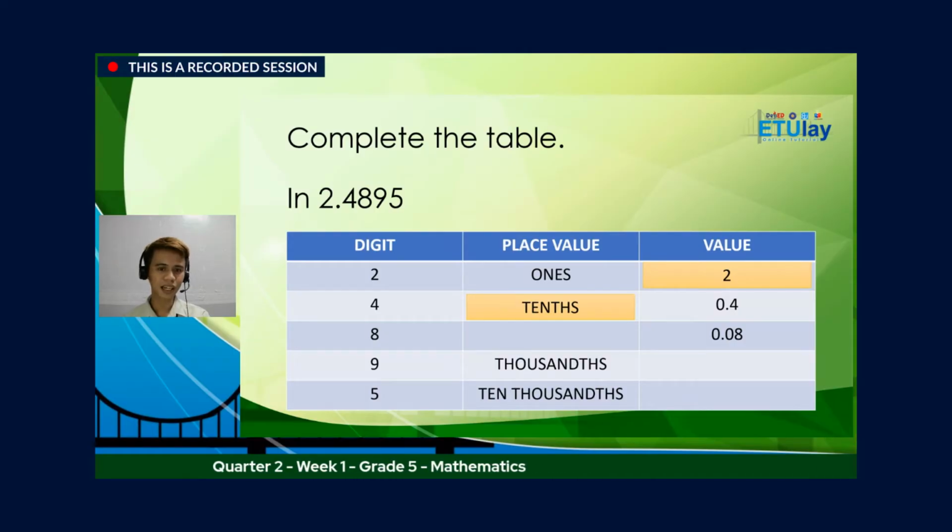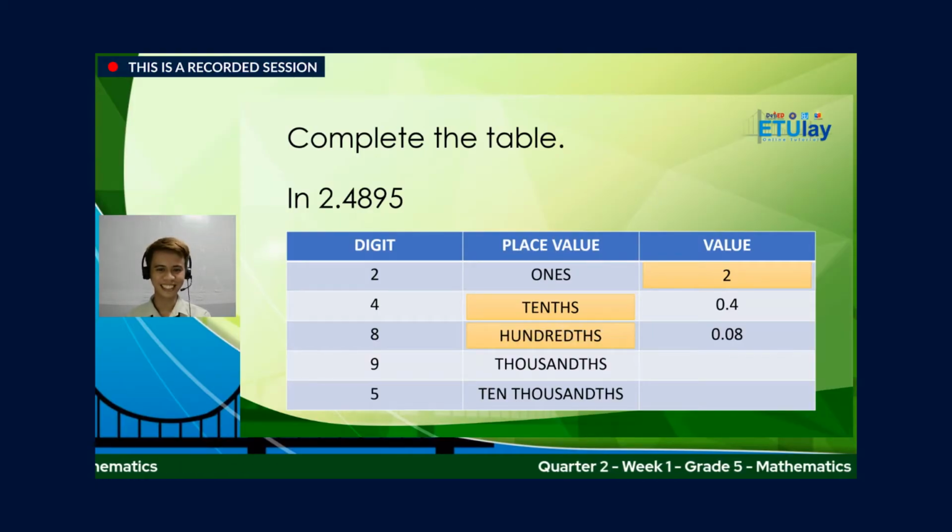At given na dito ang kanyang value na 0.08 or 8 hundredths. Ano kaya ang place value niya? Hundredths. Galing! Number 9 naman or yung digit 9 naman, ano kaya ang value niya kung ito ay nasa thousandths place?